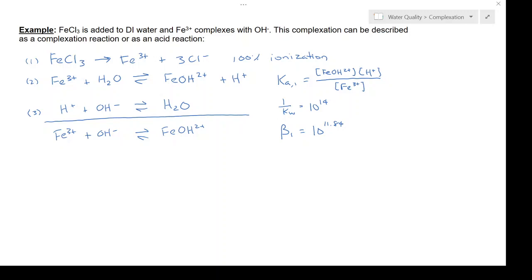Okay, and also I know that when I add two chemical reactions together, I take the product of the equilibrium constants. So I have Ka1 over Kw here, and I can solve for the Ka value.